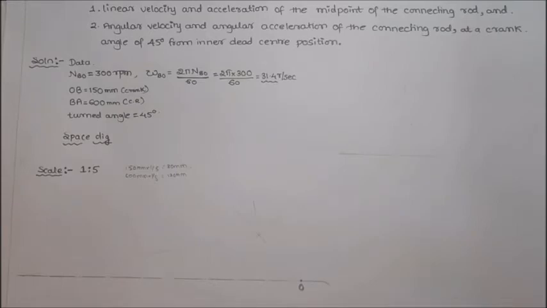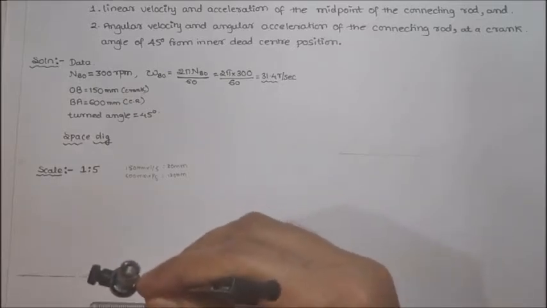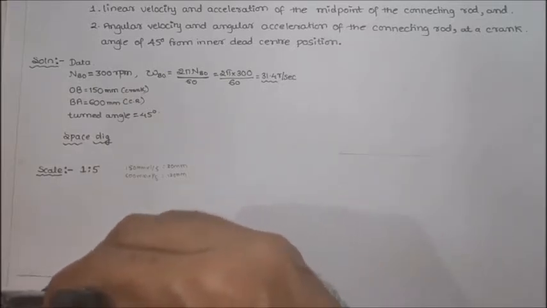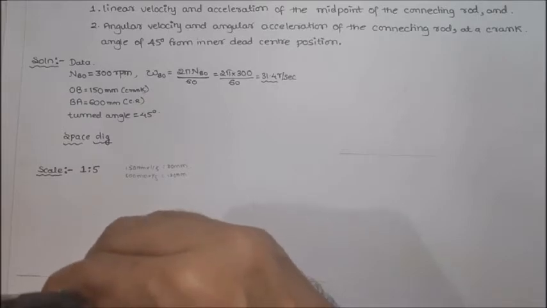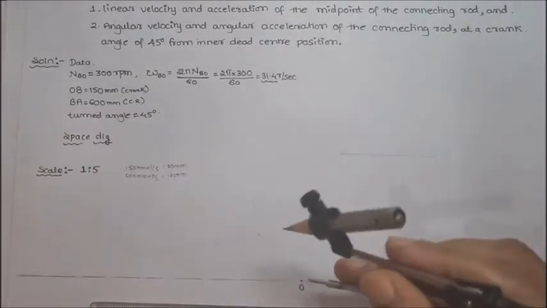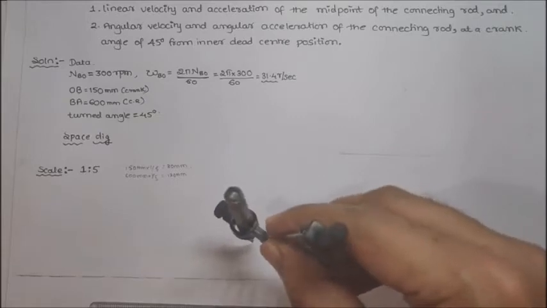Then the crank distance is equal to 30 mm, so we'll take an arc equal to 30 mm and cut the arc.